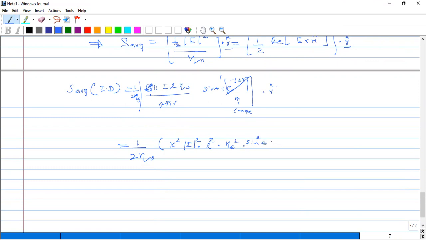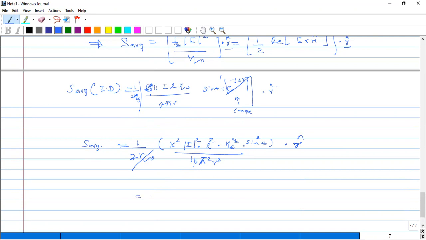This one, no? Yeah, these two, okay, and 4 square 16, 5 square, 5 square, R square. So this is in R hat direction, okay. So this is this average. So you can see that this theta and this one can cancel out, and this is 2 multiplied by 16.